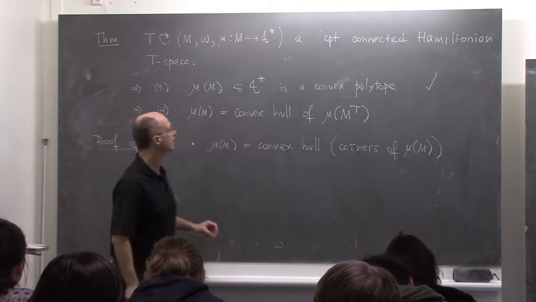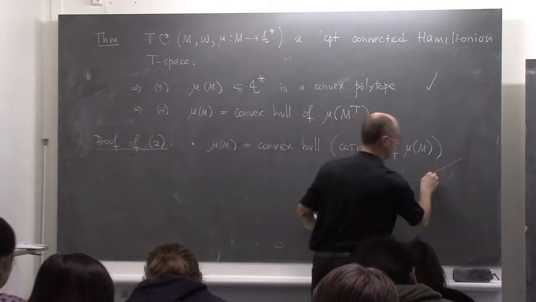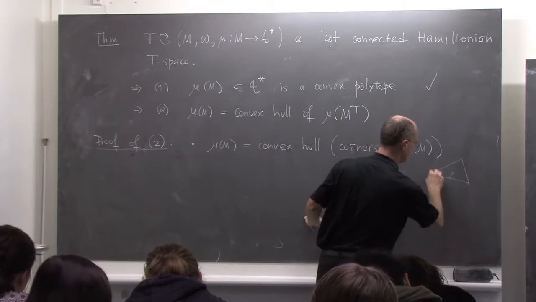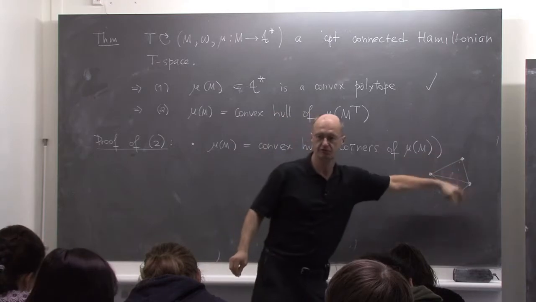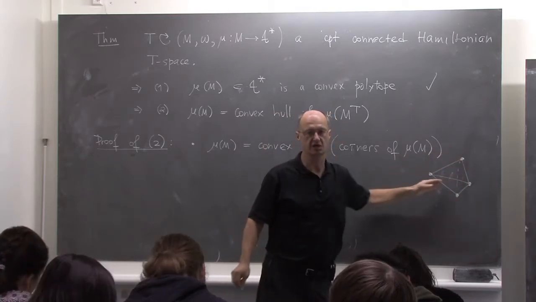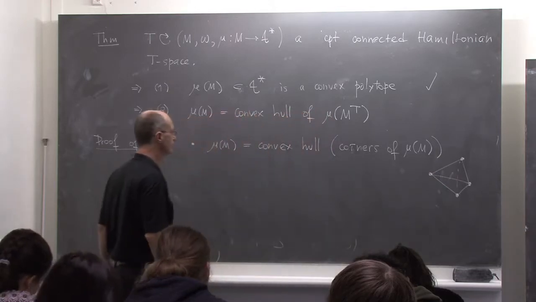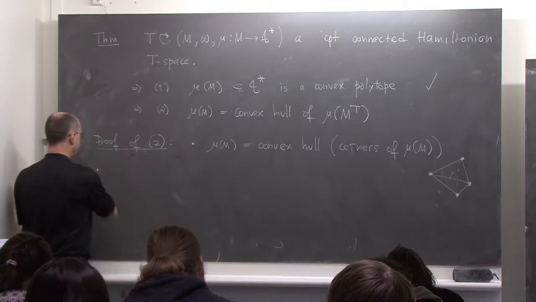So we know that mu of M is a convex polytope, and a polytope is a convex hull of its corners, so it's the set of convex combinations of the corner points.